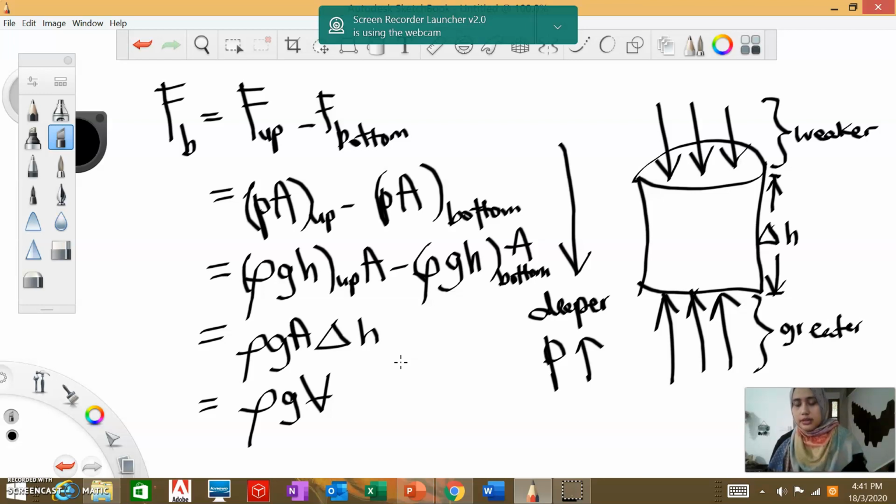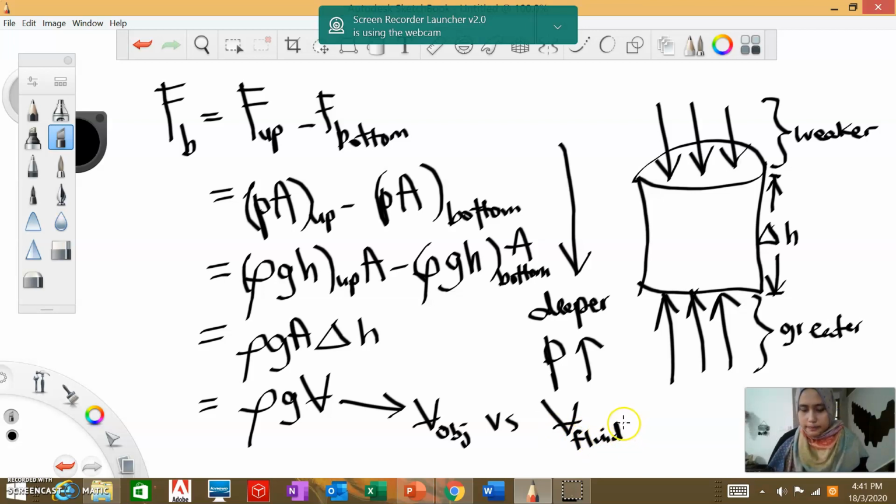So which volume do you want to take here? Is it the volume of the object, or the volume of the displaced fluid? Which one do you want to take? To consider, these two volumes could be different if the object is only partially submerged in the fluid.